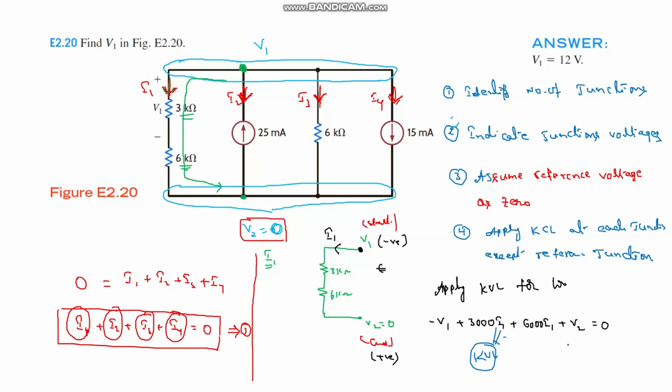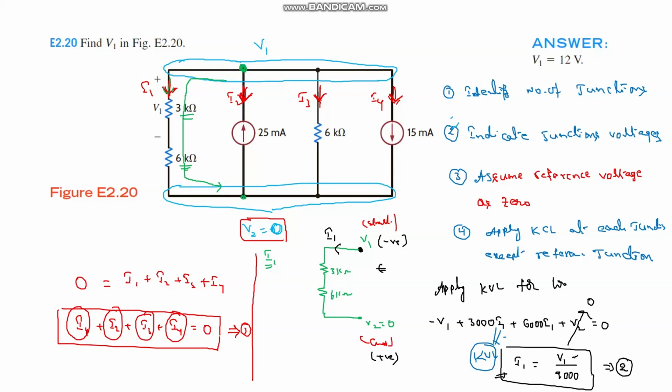Here the reference voltage value is 0. After simplifying this equation, I1 is equal to V1 by 9000. So this is the expression for I1 in terms of V1. Let it be equation number 2.